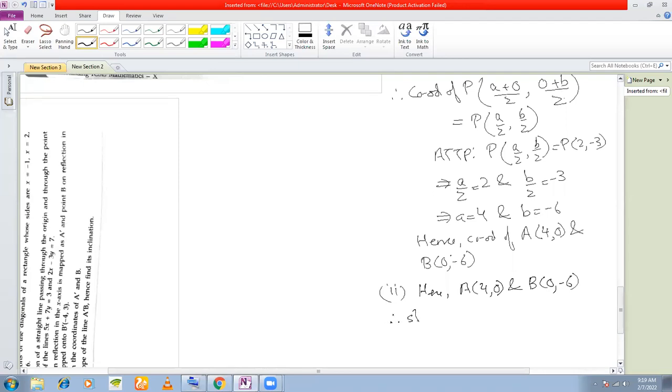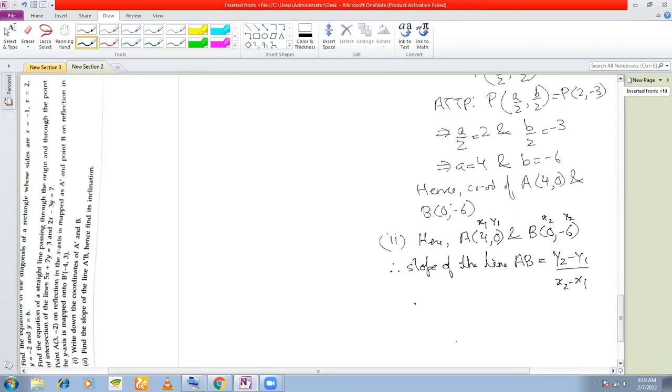Therefore, the slope of the line AB, right? What should be the slope? If you consider this as your x1, this as your y1, this as your x2, this as your y2, then the slope of the line AB is (y2 minus y1) by (x2 minus x1).